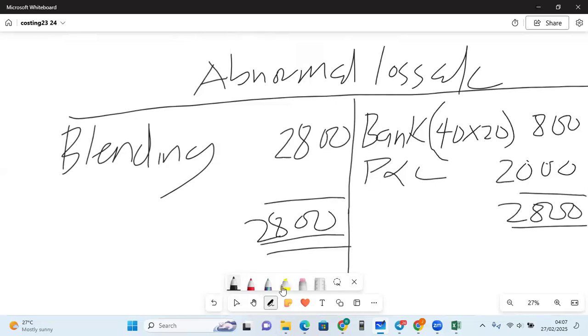So basically, what I mean is that you see, we have normal loss there already, right? And the normal loss is estimated, and this is the actual abnormal loss you had. So your normal loss is going to subsidize your abnormal loss. So the abnormal loss unit was 40, and then the scrap value for the normal loss is 20. So you multiply it and then you get this 800.